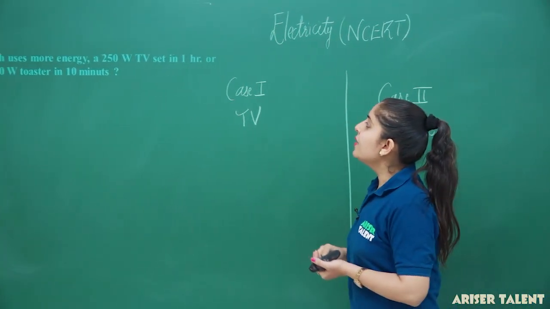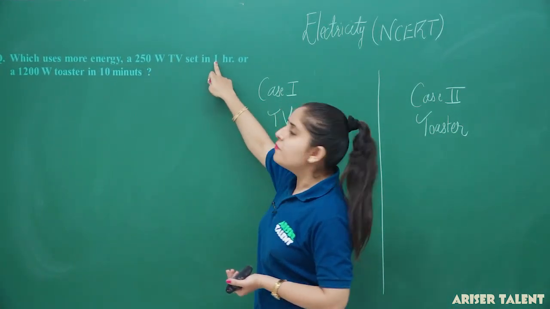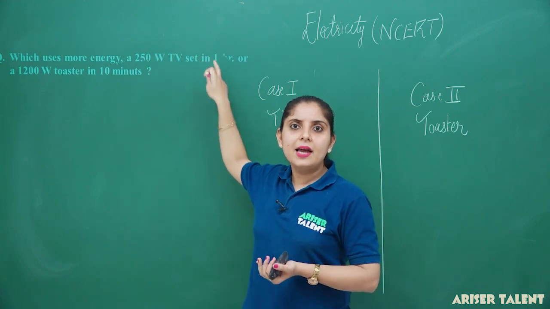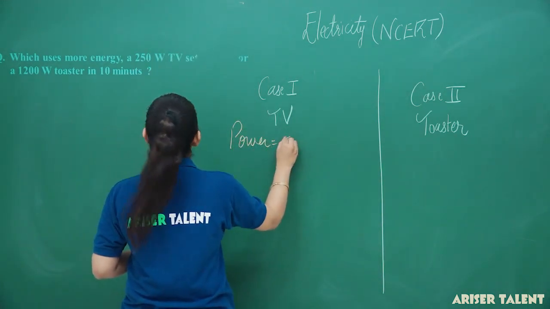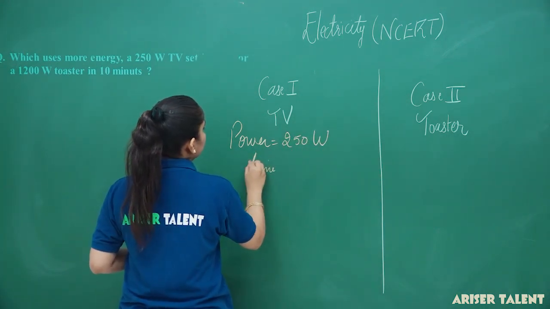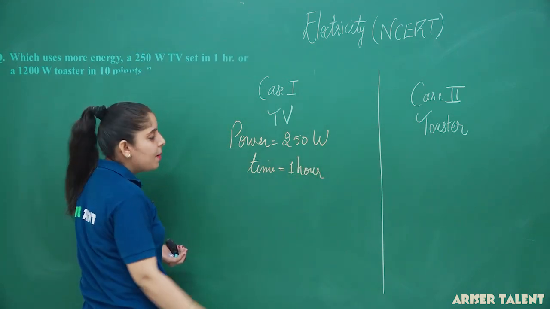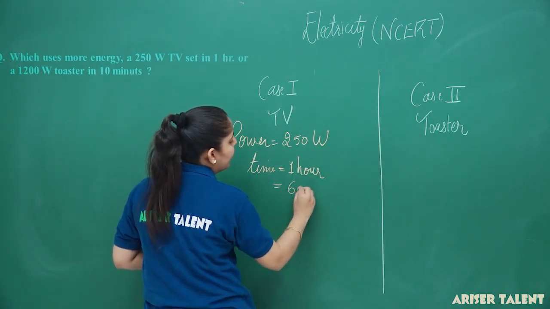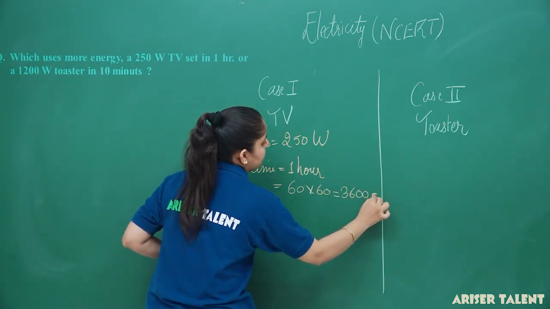Now, the TV is operated at a power of 250 watt for 1 hour. It means power and time are given here. So, the power is 250 watt and the time is 1 hour. I am converting this 1 hour into seconds, so I can write here 60 into 60, and it came out to be 3600 seconds.